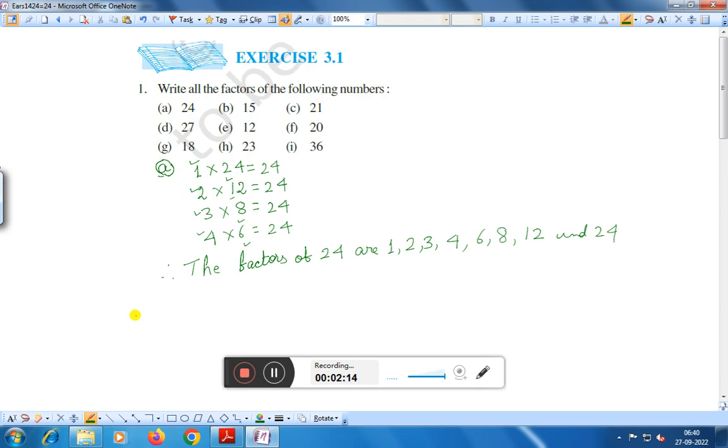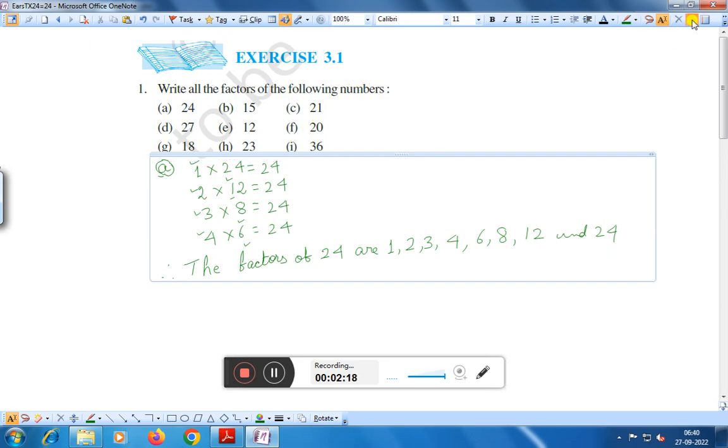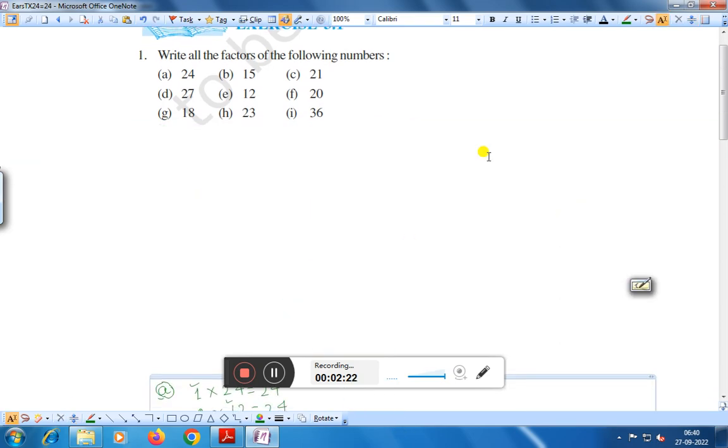Now we'll do question number B. The number is 15, right? You can write, starting from 1 into 15 is equal to 15.